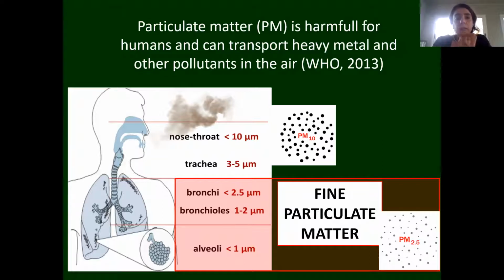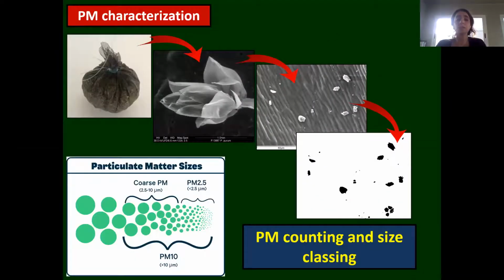They are also dangerous because they can transport, they can catch heavy metals or other toxic substances present in the air. So it's important to always evaluate the type, the number, and the size of particles that can be entrapped by mosses.